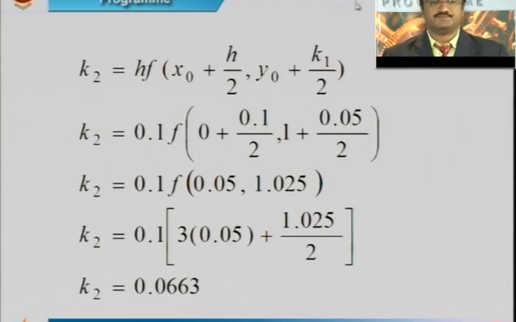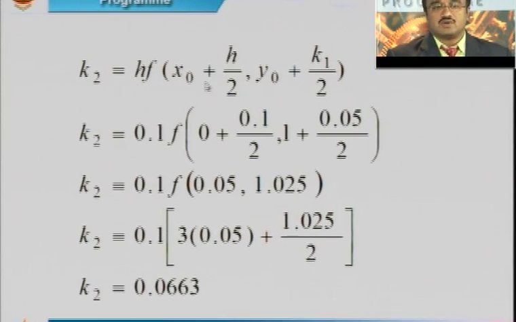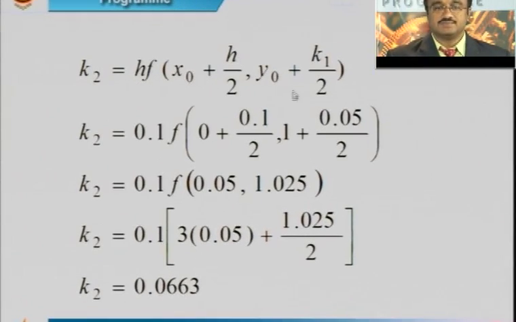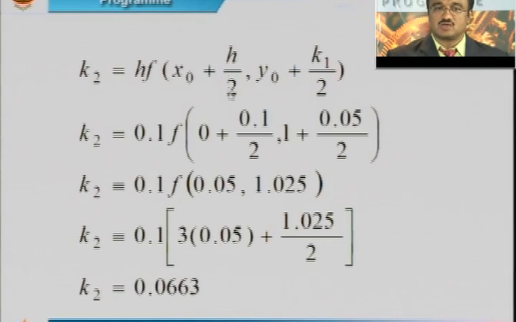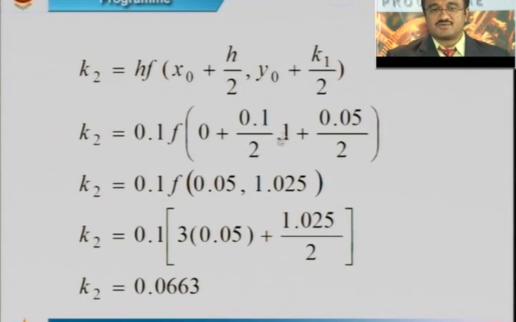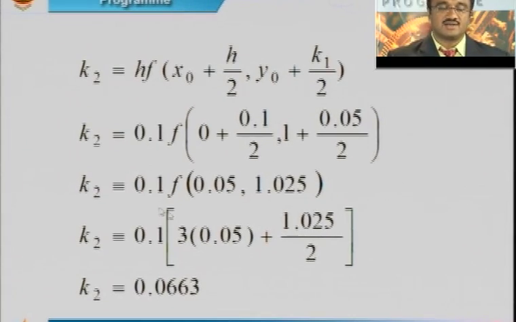Then k2 is h into f of x0 plus h by 2, then y0 plus k1 by 2. Now take down all the data they gave, you have to substitute here. h is 0.1, x0 is as usual 0, 0.1 by 2, 1 plus 0.05 by 2, this is the k1 value. Now on simplification using your calculator, we get f of 0.05, that is the x value, and the corresponding y value 1.025.